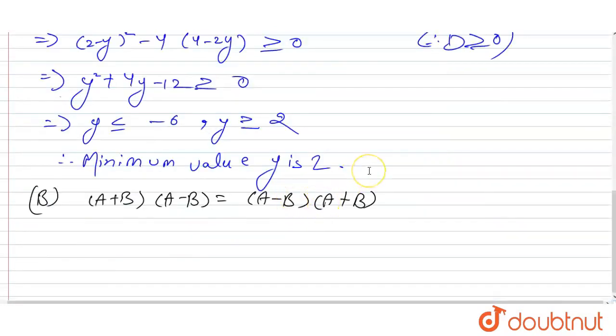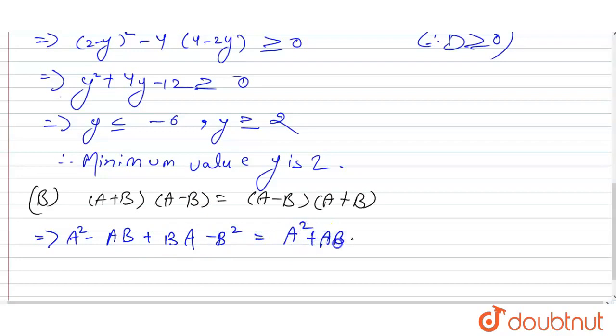After solving it, we will get A square minus AB plus BA minus B square, which is equal to A square plus AB minus BA minus B square.